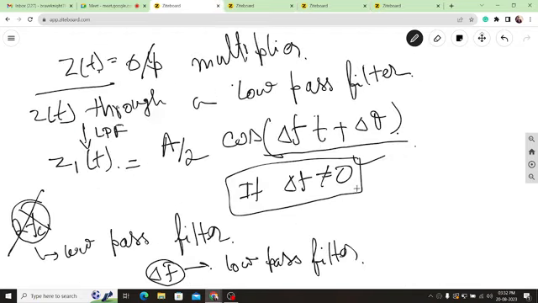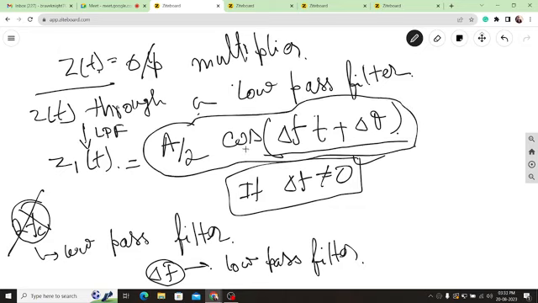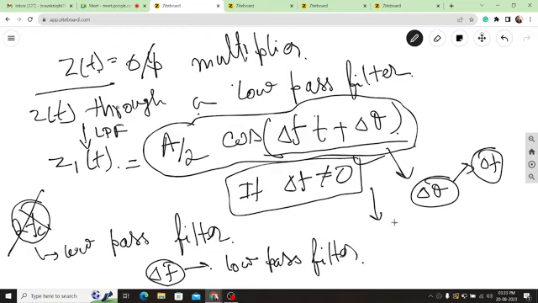In such a scenario, what will be the power of this signal? This is a cos function and its power does not depend on del theta, nor on del f, and we know what the power of this signal is, that is 1 by 8.